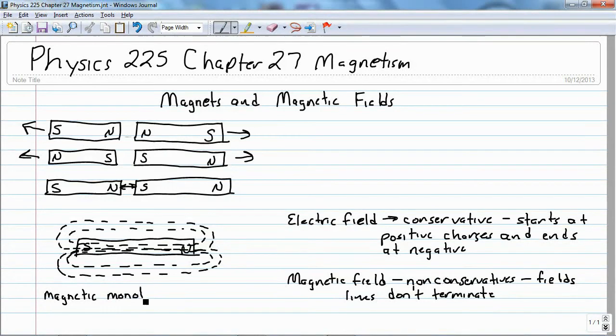And if you had magnetic monopoles, then the magnetic field would be conservative, but they've never been found.